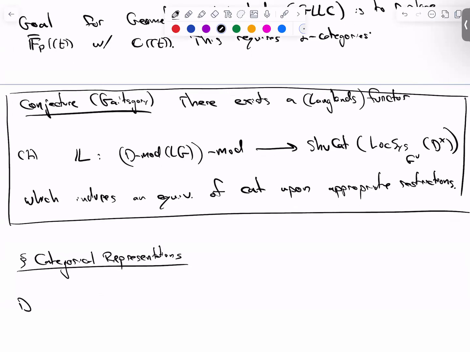Let's start from the beginning. So roughly, I'll explain what a DG category is.